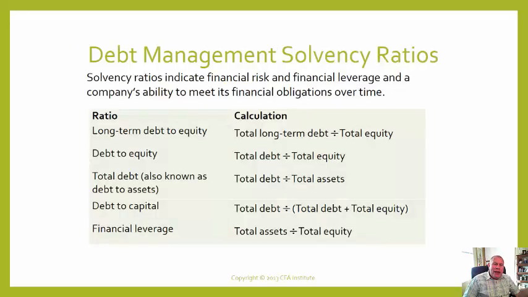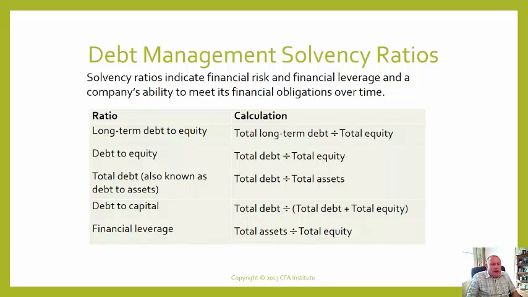When we look at debt management solvency ratios, it looks at a point in time and at the relationships between debt and equity, and debt and assets. There are 5 classical ones that we look at.